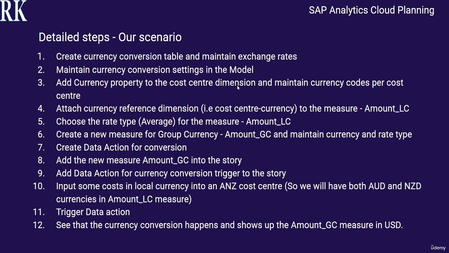We'll see both Australian dollar amounts as well as New Zealand dollar amounts. And once we trigger the data action for currency conversion, both Australian dollars and New Zealand dollars will be converted into US dollars. So that's what we are going to perform in detail. So let's jump into the system and perform each and every step one by one.